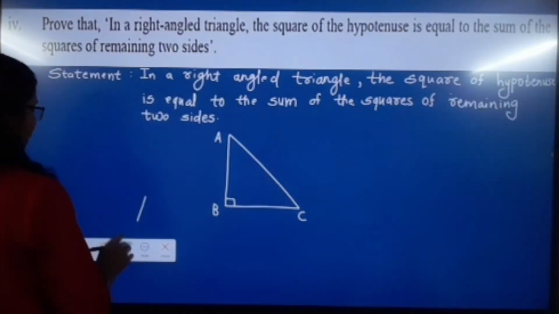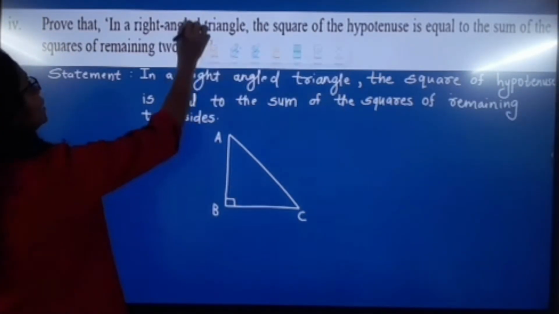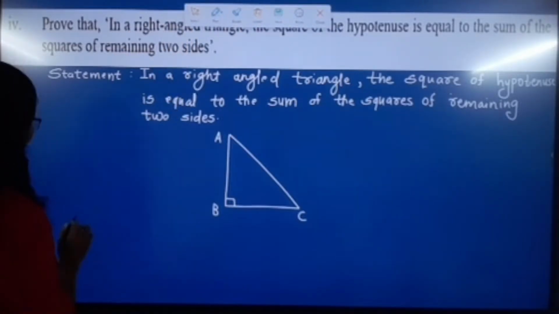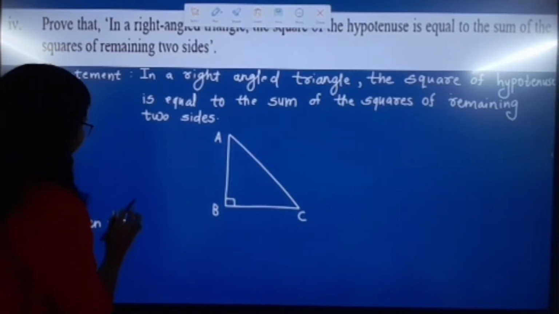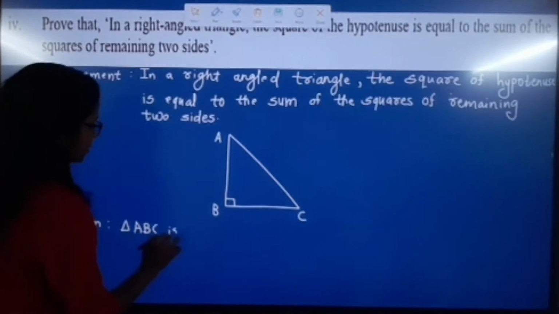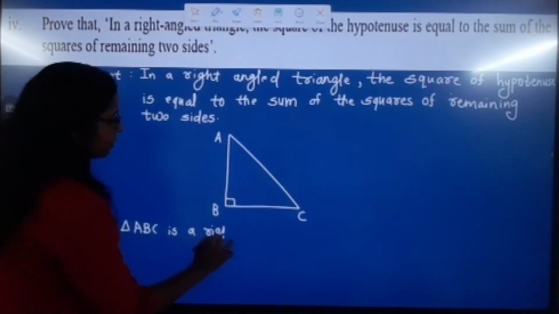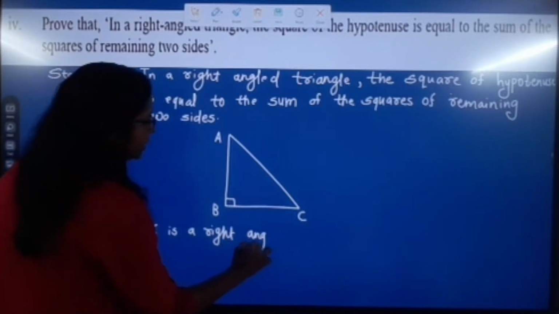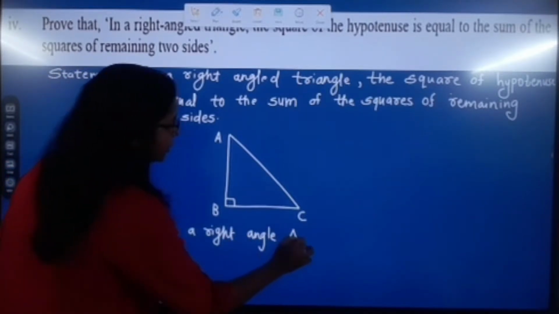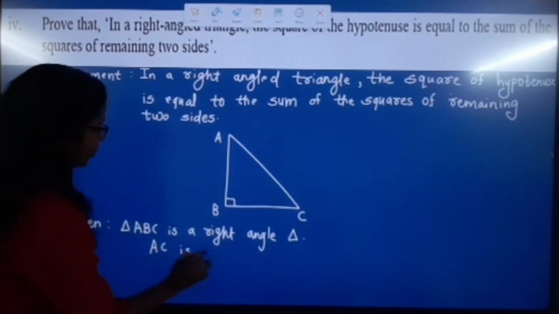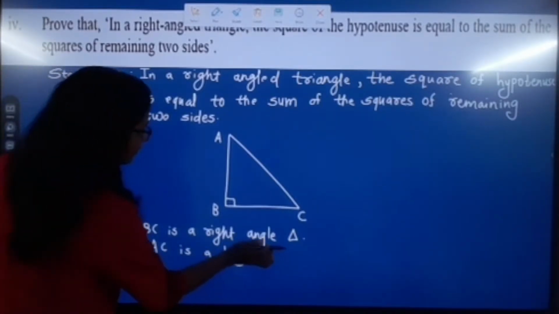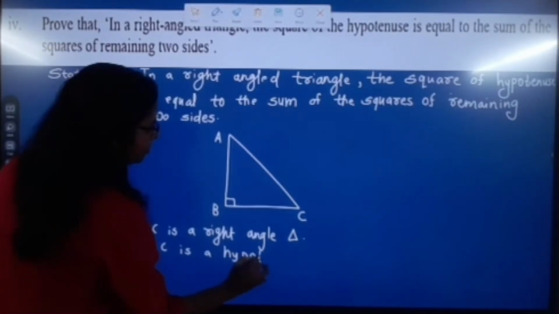Then we write down the given as per the figure. First we write down: triangle ABC is a right angle triangle, and AC is the hypotenuse.